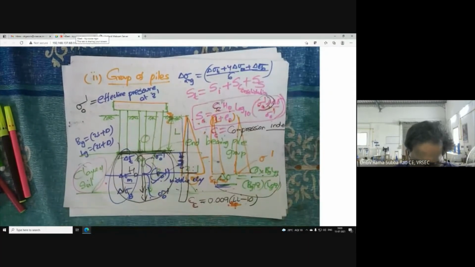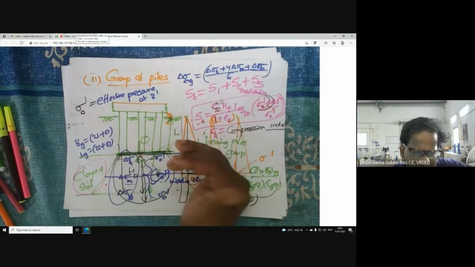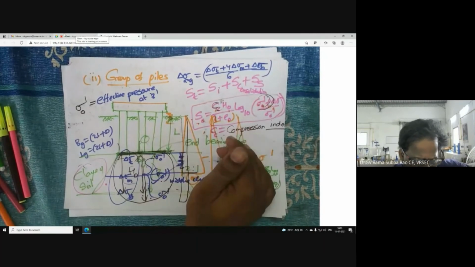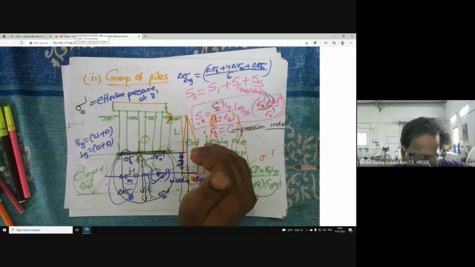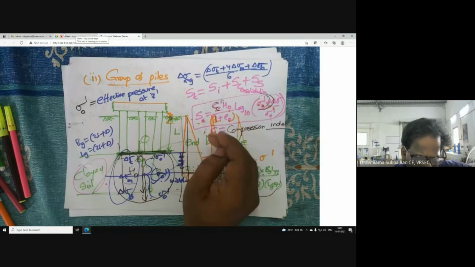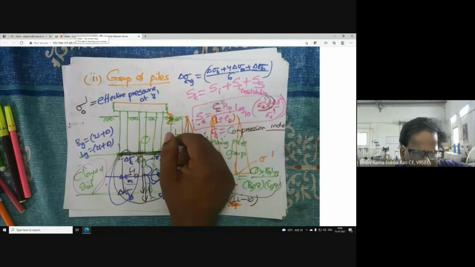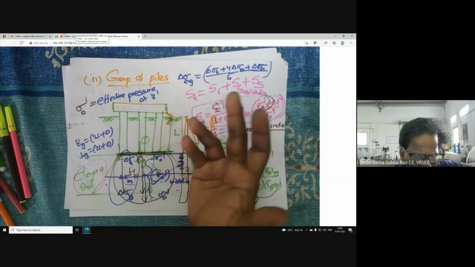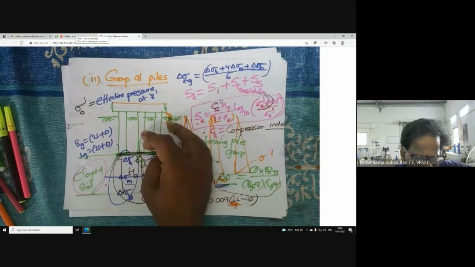But many times in undergraduate classes we are not ready to give a numerical problem, a numerical example, on settlement of a group of piles. But in masters, we ask students to write some computer program, because where a lot of competition is there, we have to develop some algorithm.